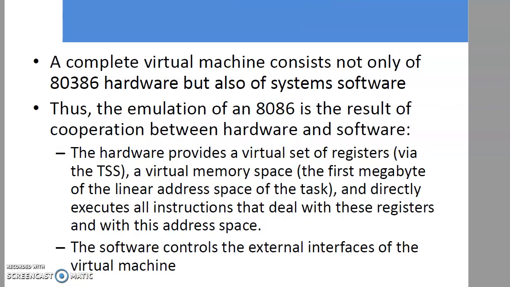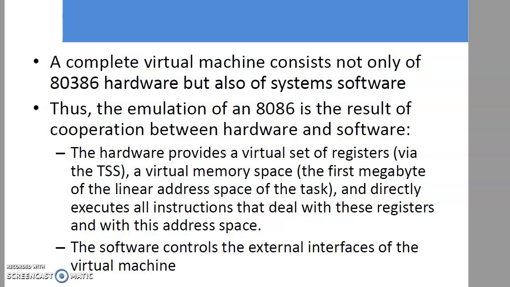The virtual machine used in the virtual 8086 mode is not only a part of the 80386 hardware but it also uses system software. Thus the emulation of an 8086 program is the result of cooperation between hardware and software.